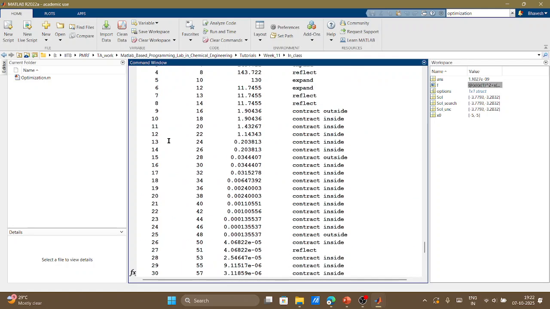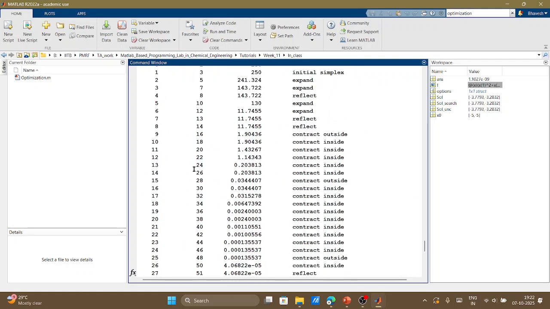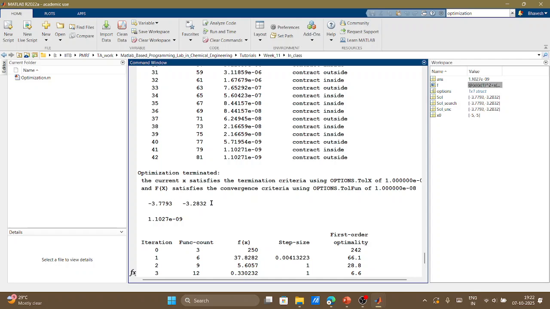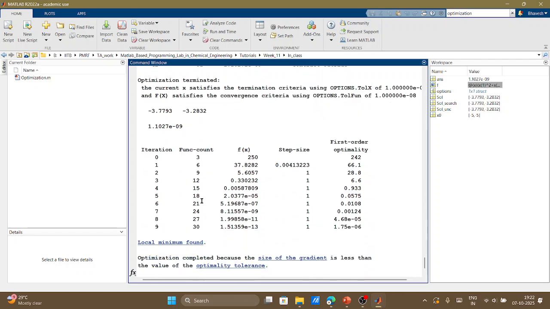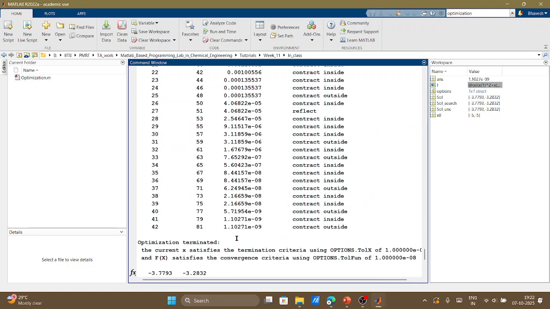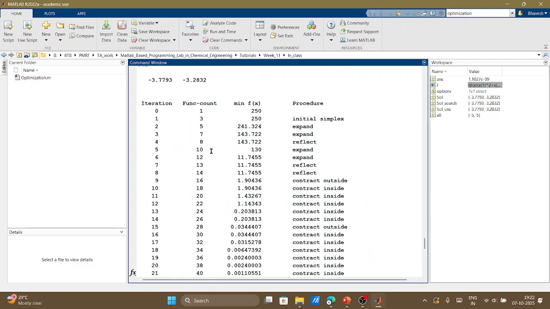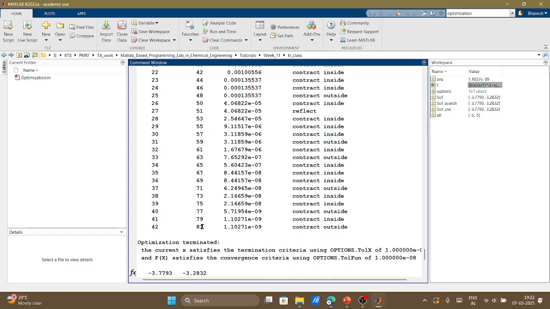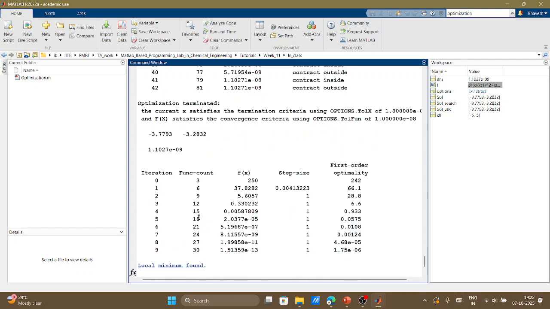But if you will see the search method, it took 42 iterations and then gave us the answer, while the unconstrained f mean uncon did the solution within the 9 iteration. Now the number of time the function evaluation was happened, so for this it was 81 times, while for this only 30 times. Okay, right?